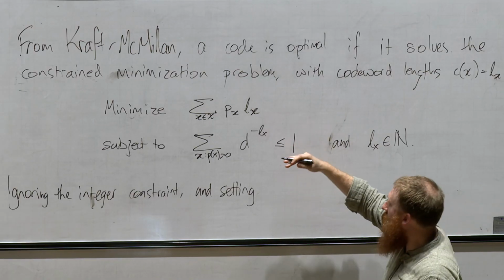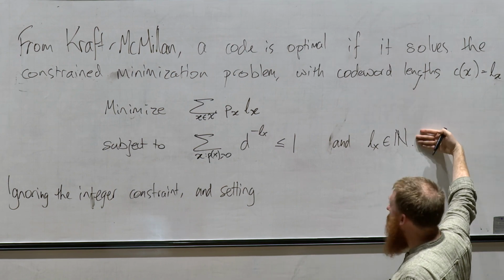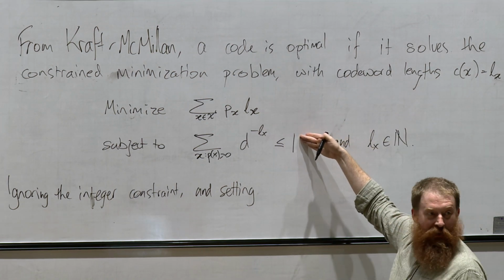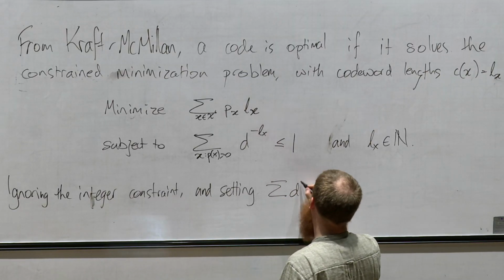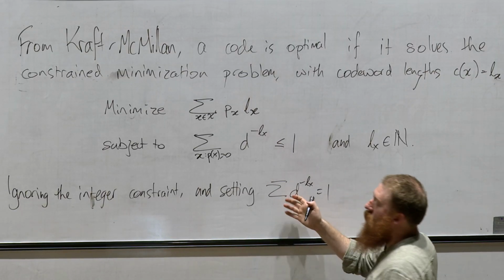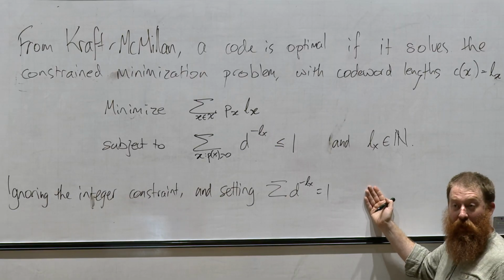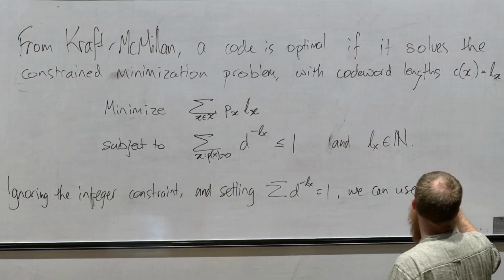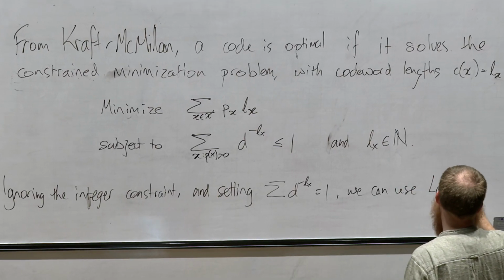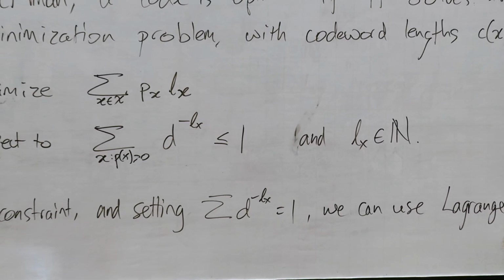So let's relax, let's ignore that constraint and let's set this equal to 1 just to make our lives easier. So the sum of D to the minus L(x) equals 1. If I do those, now I've got a problem I can actually solve. We can use Lagrange multipliers.